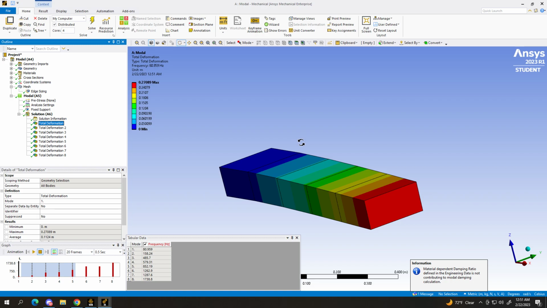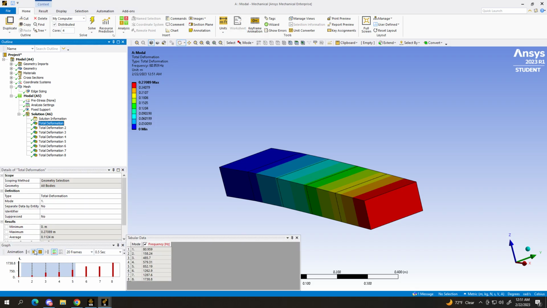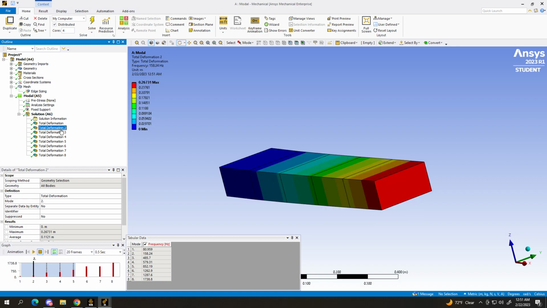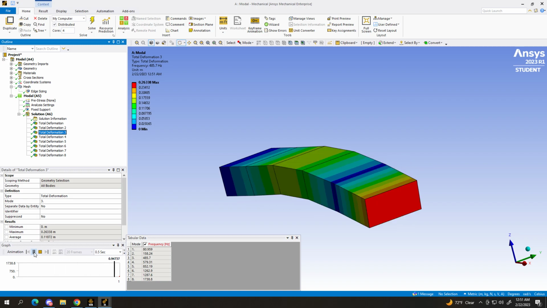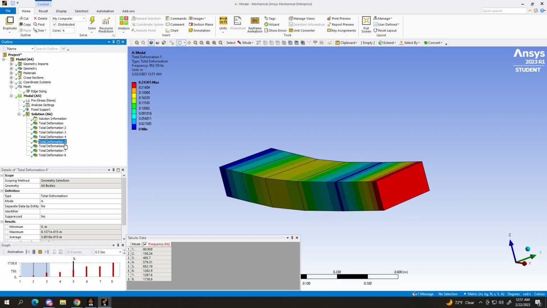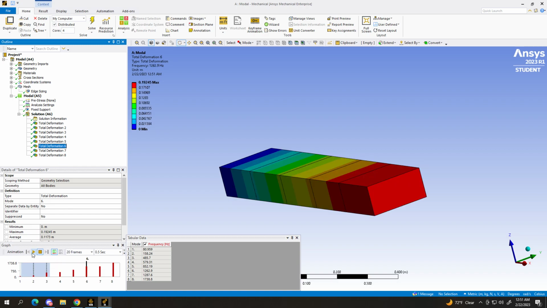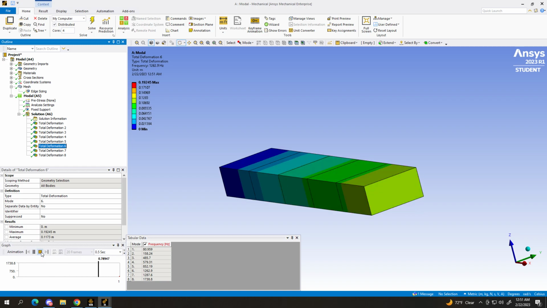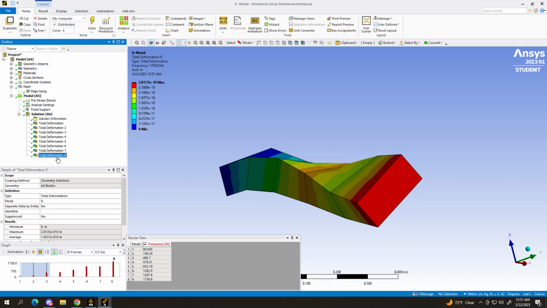And I got the maximum displacements in each mode. So this was up and down, side to side mode, bending mode, twisting mode, side to side bending, compression mode, I guess, and whatever this is.